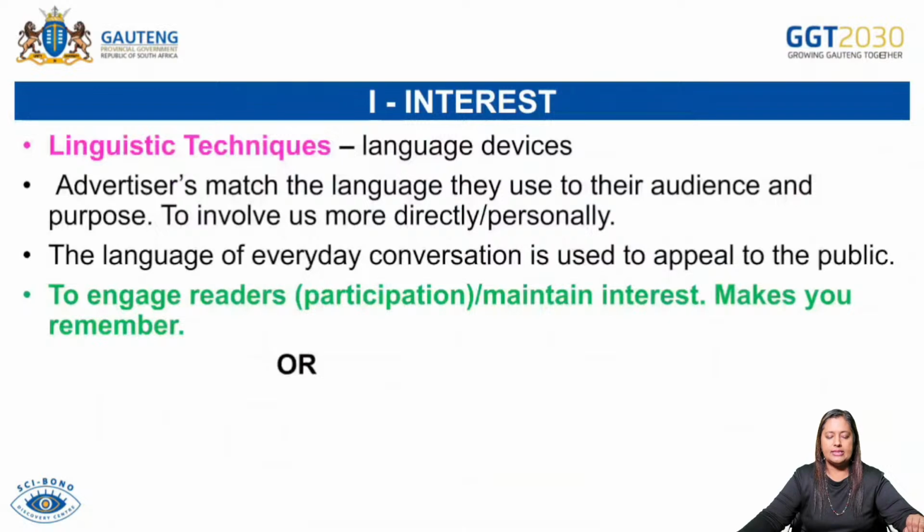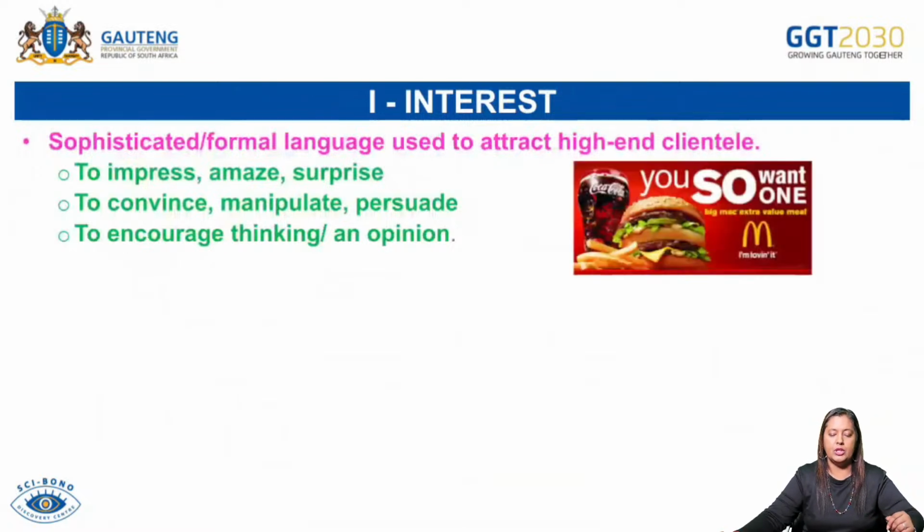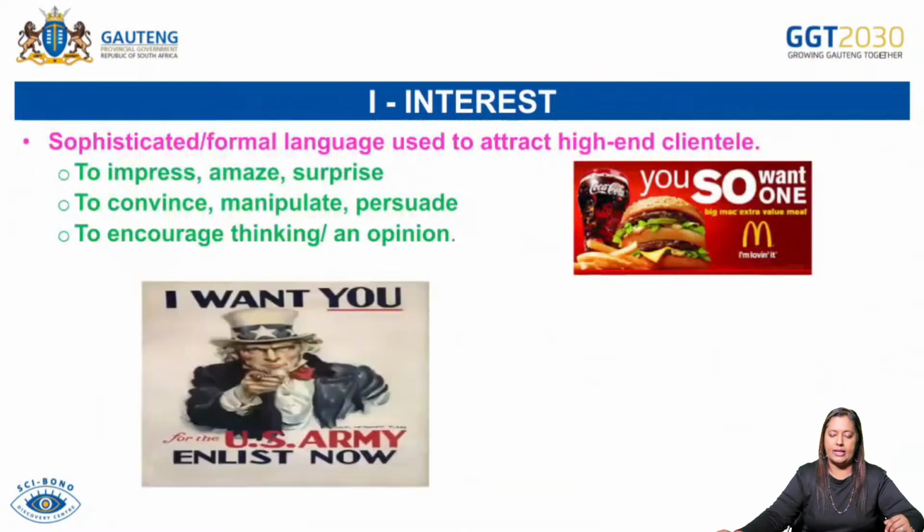Further on to this, maybe there's sophisticated formal language for that high-end clientele, that professional or academic clientele that might be wanting to be looked at here. So we want to impress, amaze, surprise or convince that group of people to buy into the idea. Right, so here are examples of adverts.